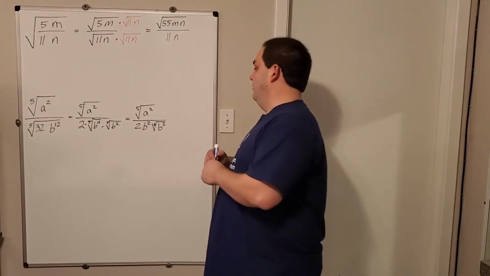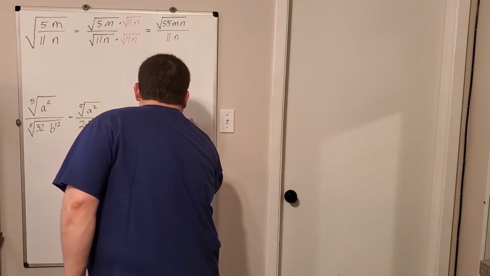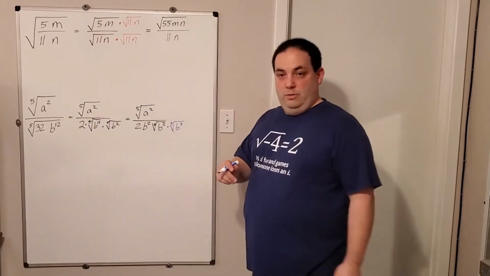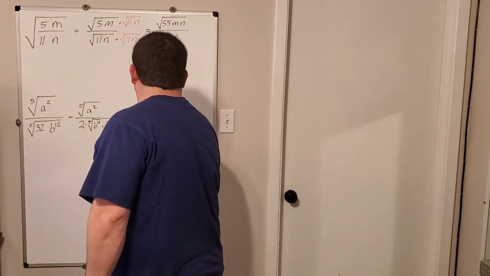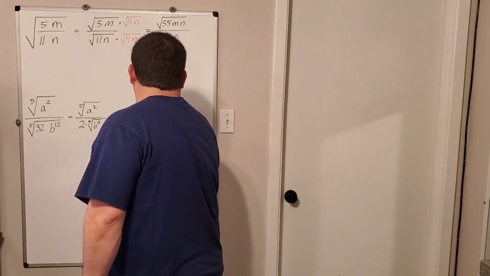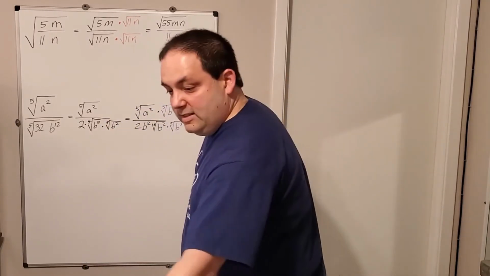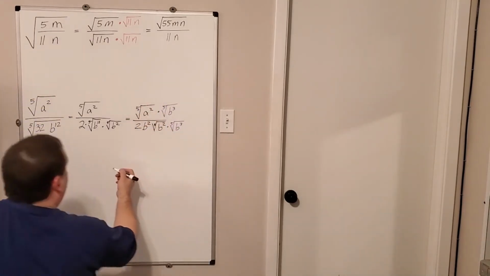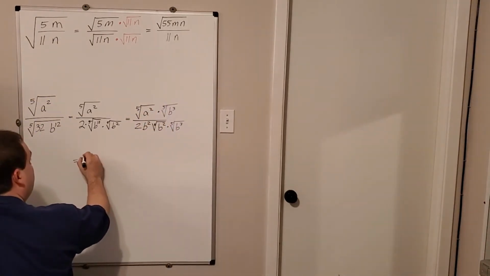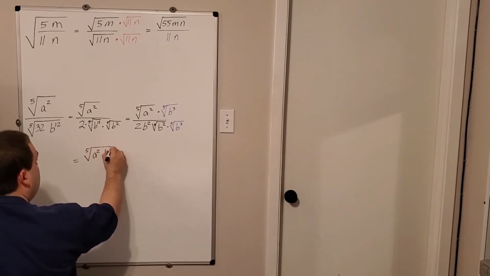I have 2 of them. So now I've got to multiply by the 5th root of b cubed. And therefore I have to also do that in the numerator. Okay, let's see what happens here. The top is going to be the fifth root of a squared b cubed.